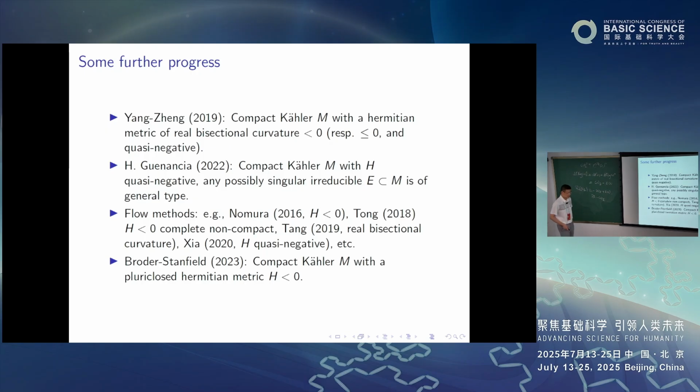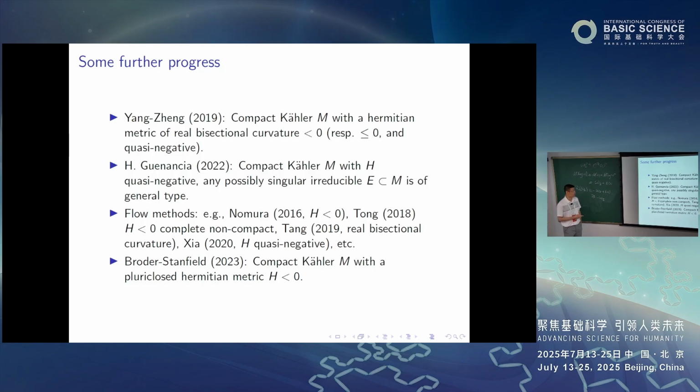Certainly there are many further progresses. Again, this is an incomplete list. Xiaokui Yang and Fangyang Zheng consider, furthermore, not Kähler but Hermitian metrics, with the real bisectional curvature used to replace the holomorphic sectional curvature.